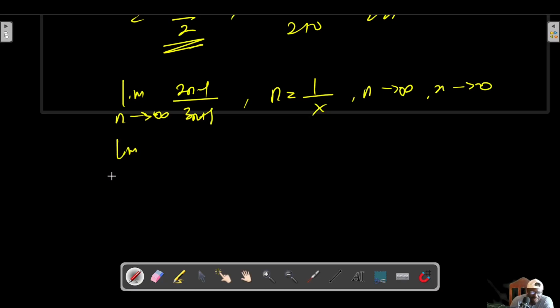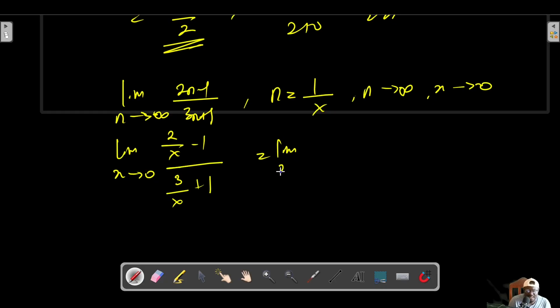So our new limit becomes the limit as x is approaching 0 of 2 divided by x minus 1, divided by 3 on x plus 1. From here we simplify. So simplifying, we get 2 minus x over x divided by 3 plus x over x.